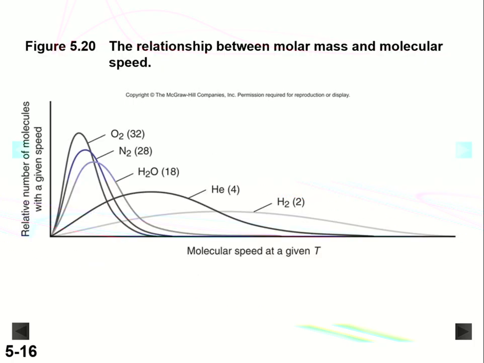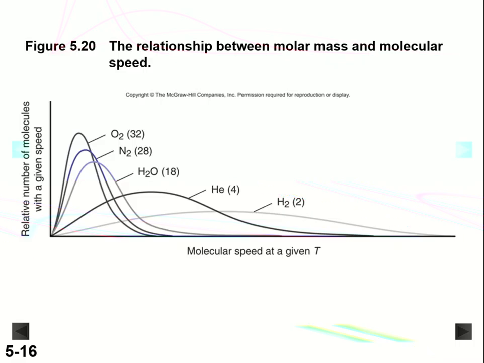This graph illustrates this. We have a plot of our molecular distribution of speeds, like we looked at earlier for nitrogen. So we have the relative number of molecules at a given speed versus the speed. These are all gases at the same temperature, but they have different molar masses.